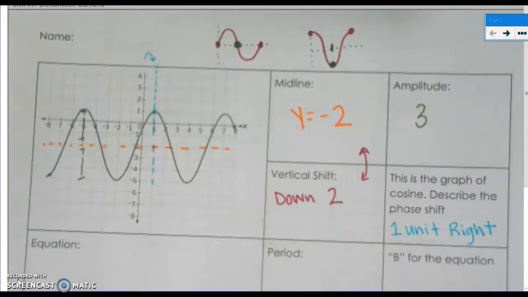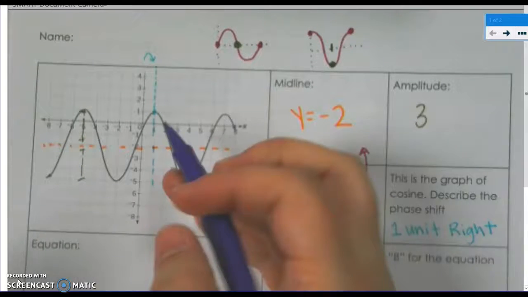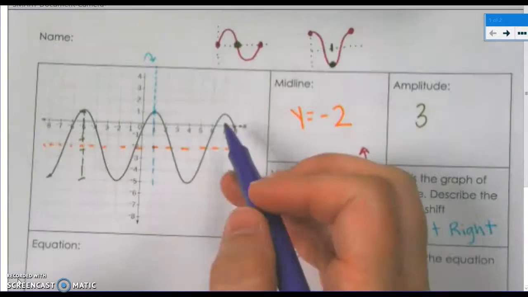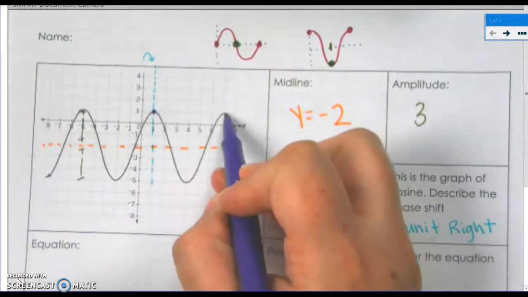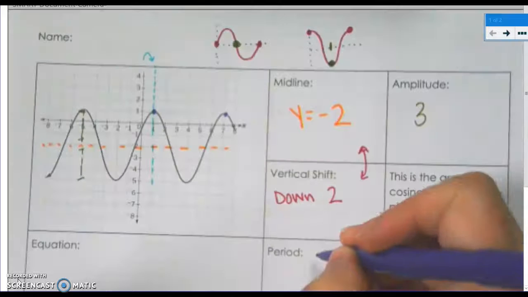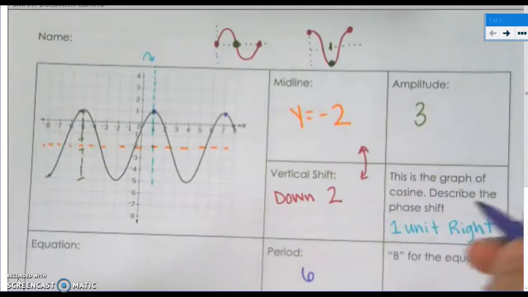All right, the period is the wavelength. So I typically go from maximum to maximum just because I think it's easier. So from 1 to 7, that gives me a period of 6.